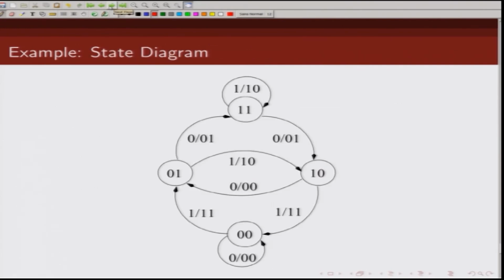So, in this case it turns out to be this. When you are in all 0 state, if you get a 0, the output is 0 0 and you remain in all 0 state, but if you get a 1, your output is 1 1 and you move to state 0 1. So, this is the state diagram for the convolutional encoder I have just shown.